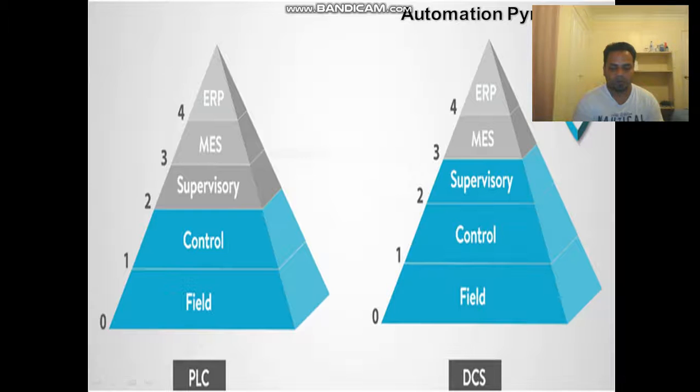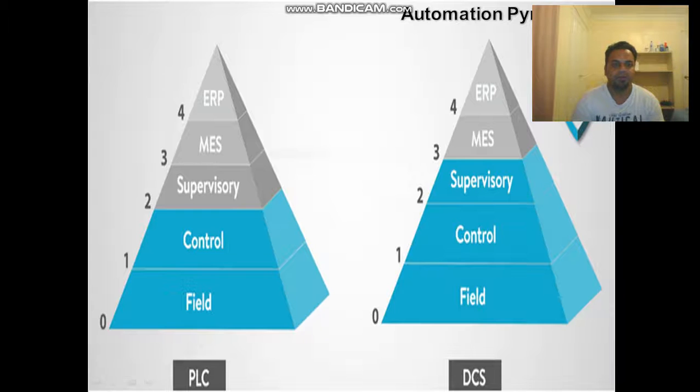The third one is supervisory, which is used to send commands, and there are two types of system in it: DCS and SCADA. For example, oil refinery industries most prefer the DCS system, and power plant industries also use the DCS system.